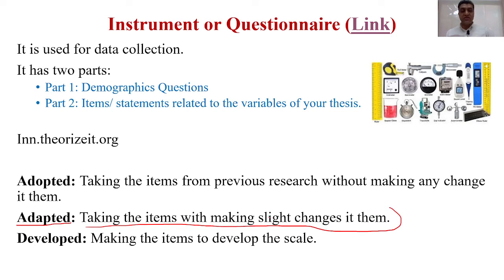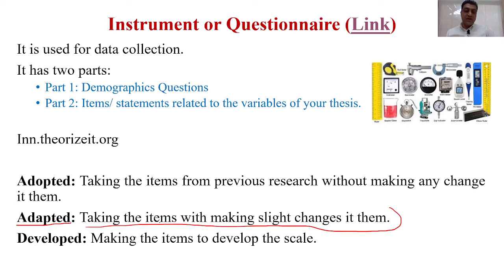Maybe you change a little bit of the language without changing its meaning. Maybe you change a few words. Maybe you skip one or two items from that scale. For example, the researcher was using 8 items and you are using 4 items out of that. Or you might be adding one of the items in that scale.